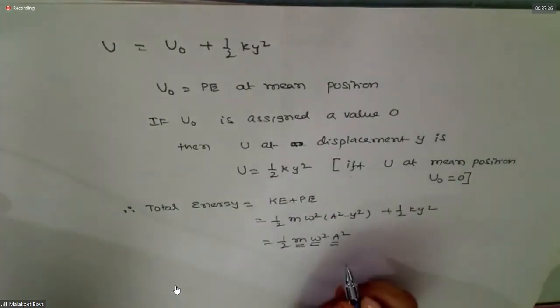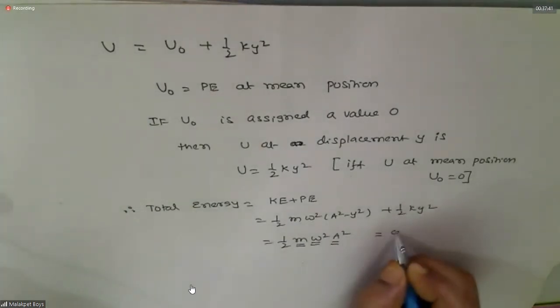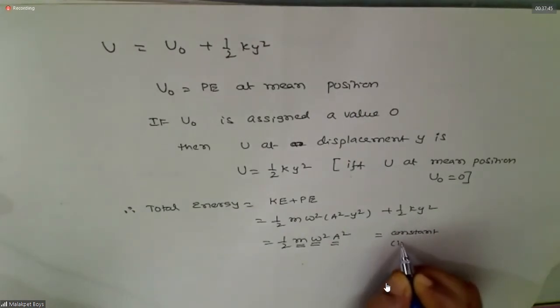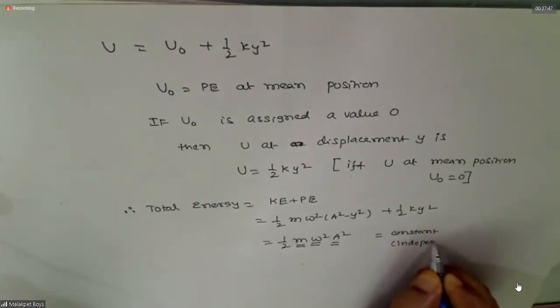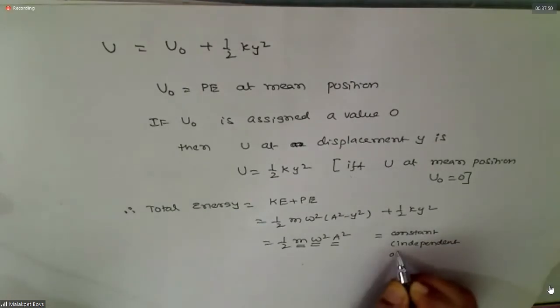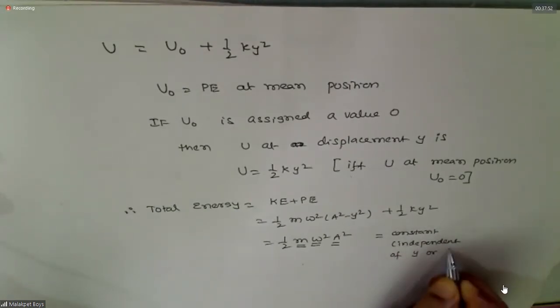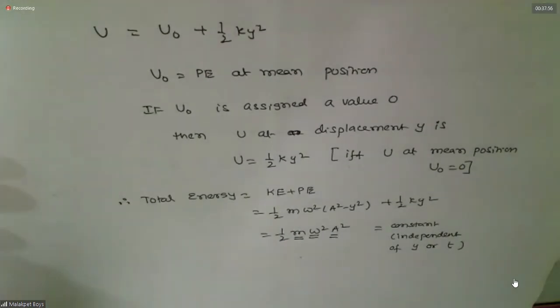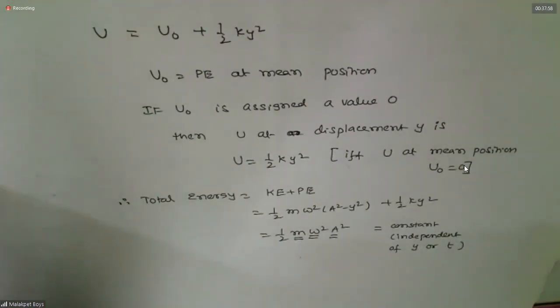Amplitude is nothing but the radius of the circle, no? So that means it's always constant, independent of y, no? Kinetic energy changes with y, potential energy changes with y, but the total energy always remains constant. Agreed.